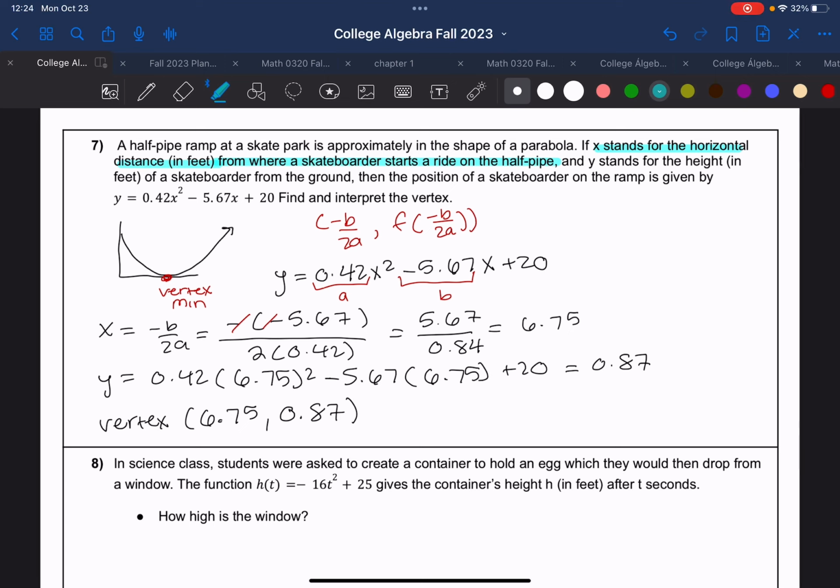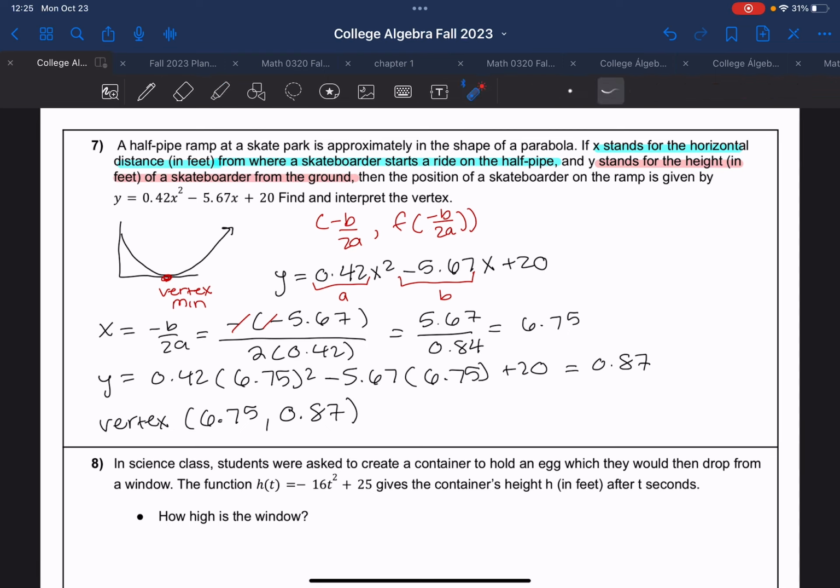So this is the horizontal distance in feet. And the y stands for the height in feet of a skateboarder from the ground. So if we were to interpret this, we would say at 6.75 feet of the ramp, they're at the lowest height of 0.87 feet.